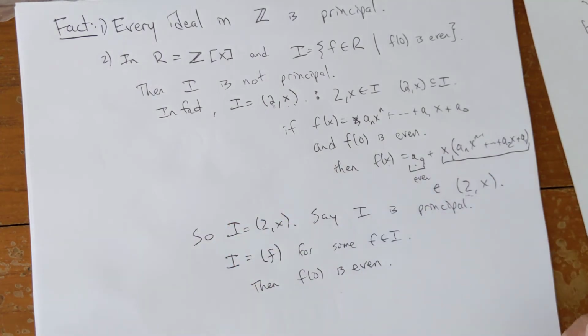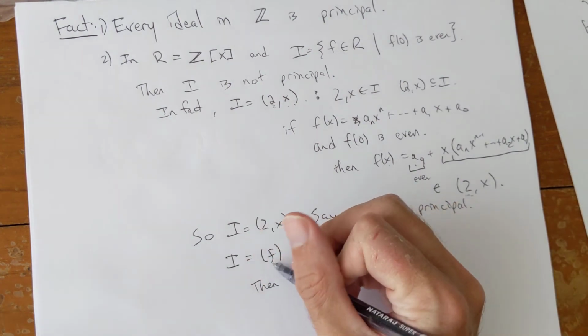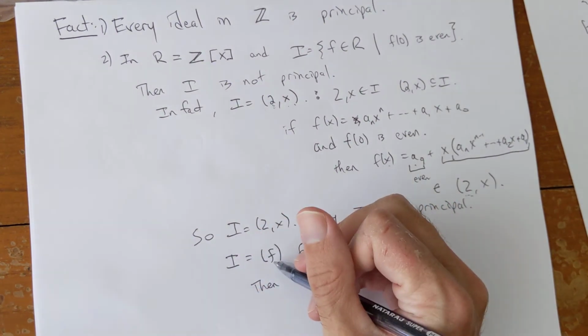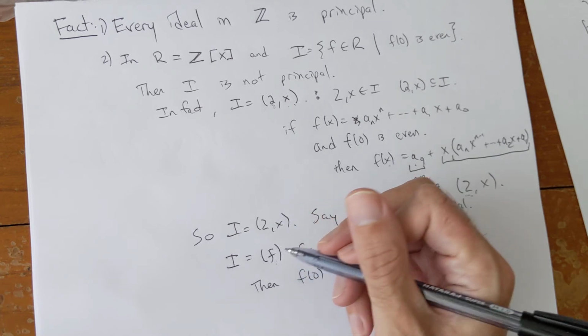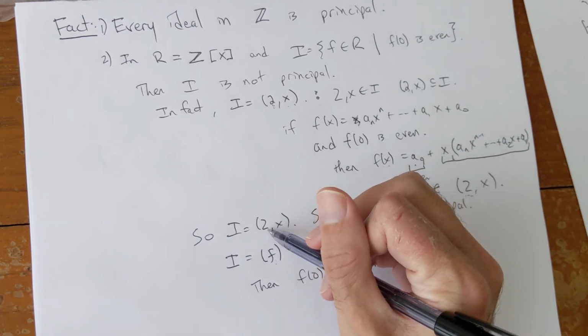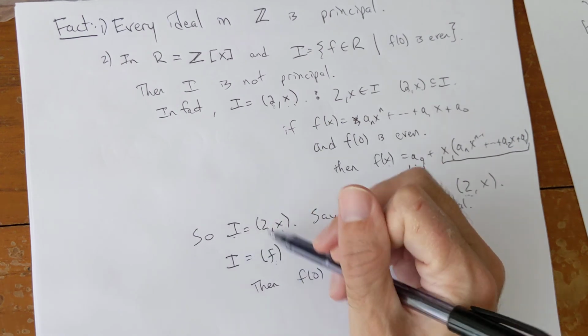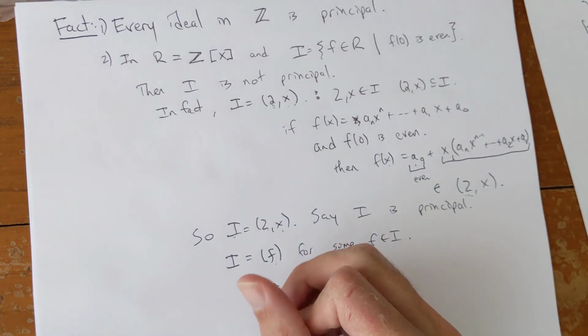Right. So we are claiming that if this ideal is generated by one element, we'll get a contradiction. To get our contradiction, we need to say that 2 and x are both elements of I, so they have to be both multiples of f.